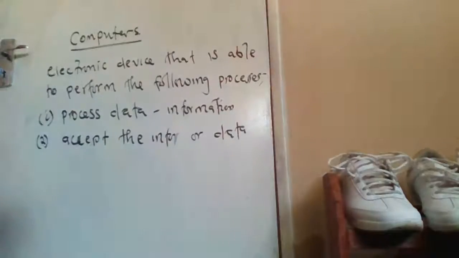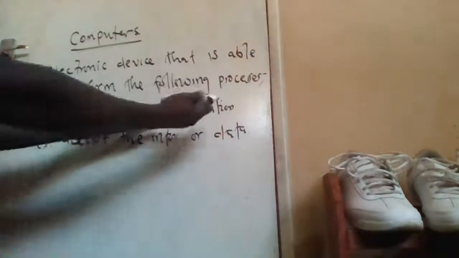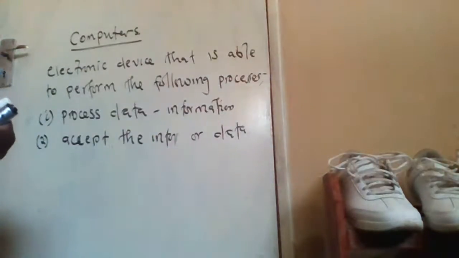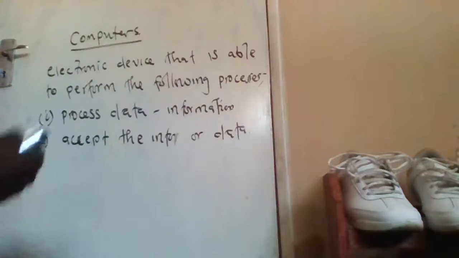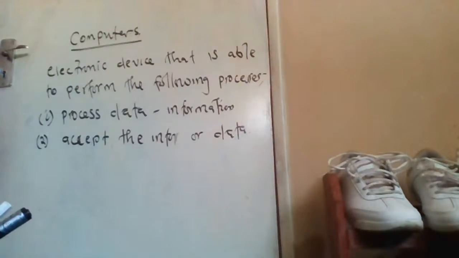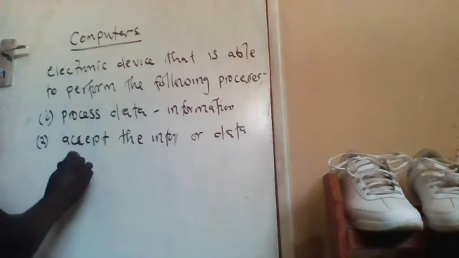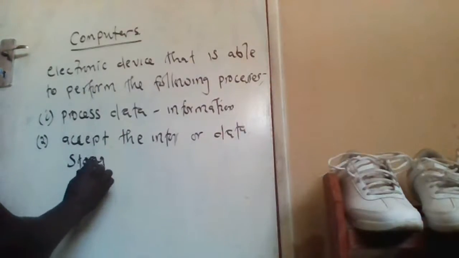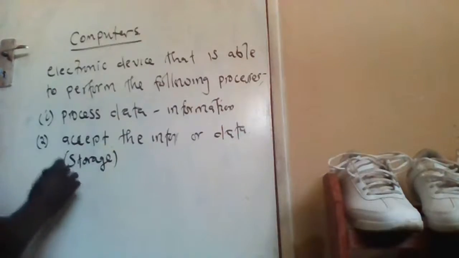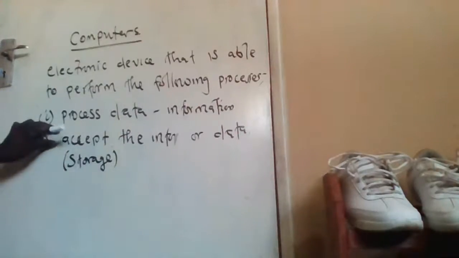Now, when it accepts, it is like when someone gives you money and you accept: you should have a point where you are going to keep that money. So you should have a storage facility. It can never be a computer if it accepts the information and doesn't have anywhere to store it.